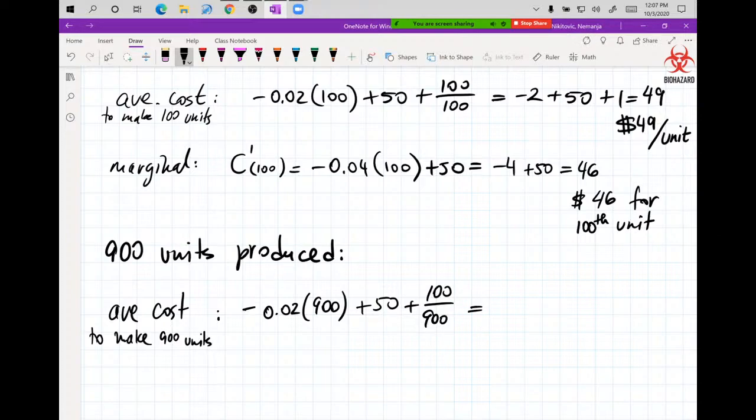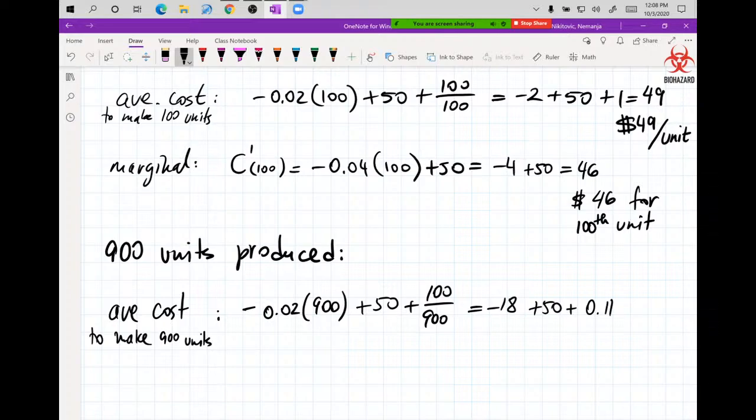This is equal to negative 18 plus 50 plus, this is going to be 0.11, right? I think so. Give me a second. I'm about to cheat on the calculator, right? So yeah, 9 goes into 100 eleven times.